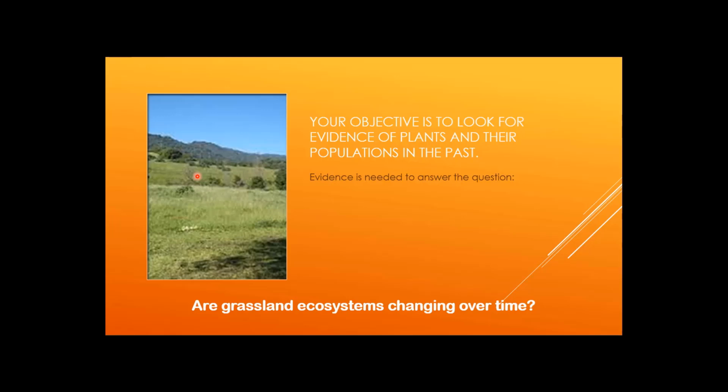The way we'd find that out is by looking at the evidence of the types of plants that are there and seeing if those plants are changing over time. If they are, then the ecosystem, the things that are living on those plants and with those plants, is also changing over time.